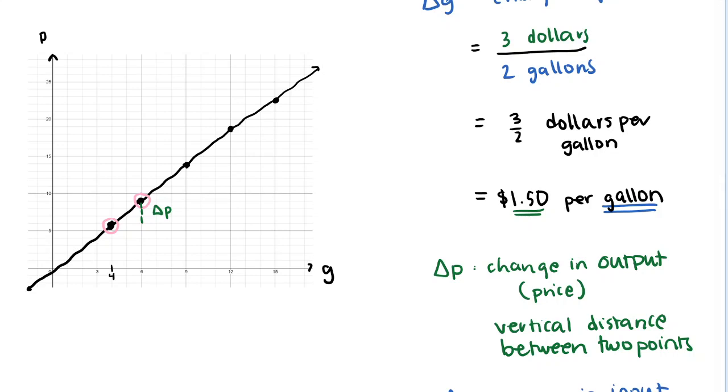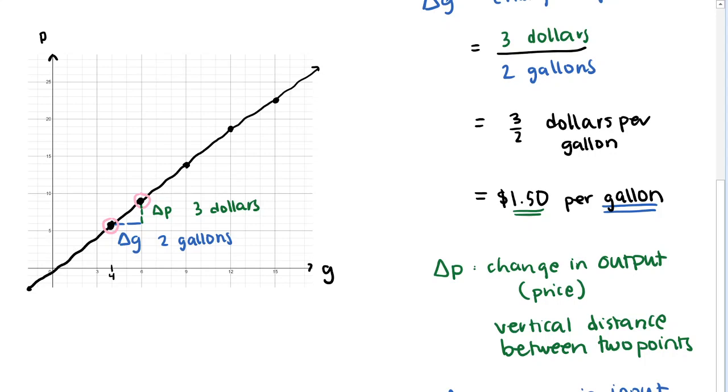This was the change in the price. This is delta P. This was $3. And then what was delta G? That's the change in the input between these 2 points. And maybe I'll be a little bit more precise with that. That was these 2 units here. This is delta G, and this is 2 gallons.